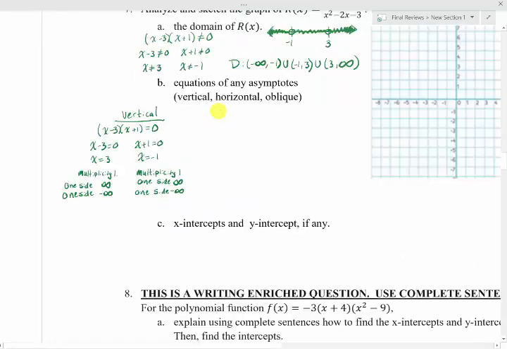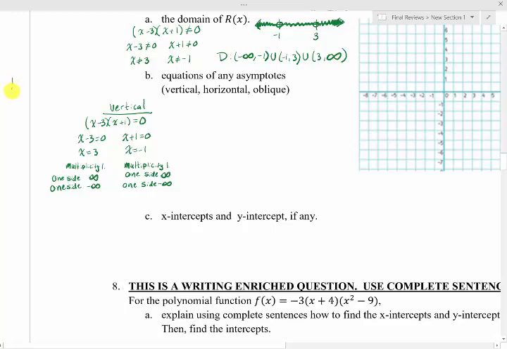And to kind of give you a visual, let's say that this dotted line here is my asymptote. So on one side, my function will shoot up to positive infinity, and on the other side, my function will shoot down to negative infinity. Or it could be the reverse: the left-hand side shoots up and the right-hand side shoots down.